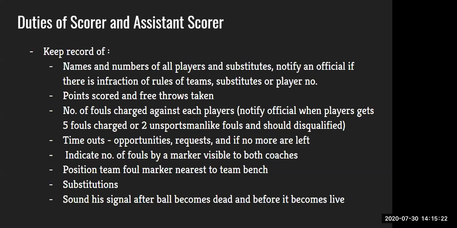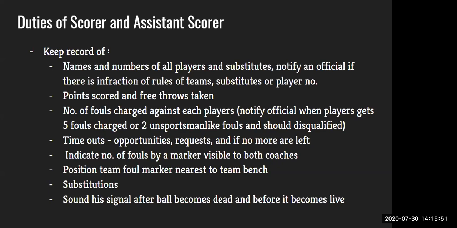Then he has to keep a record of the number of fouls charged against each player and notify the official when a player gets five personal fouls or two unsportsmanlike fouls. If you get five personal fouls, you're disqualified and removed from the game, and the scorer and assistant scorer have to keep track of this.